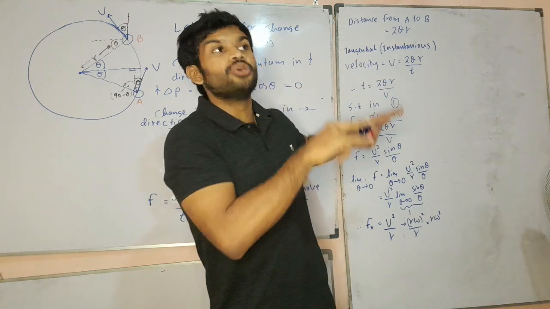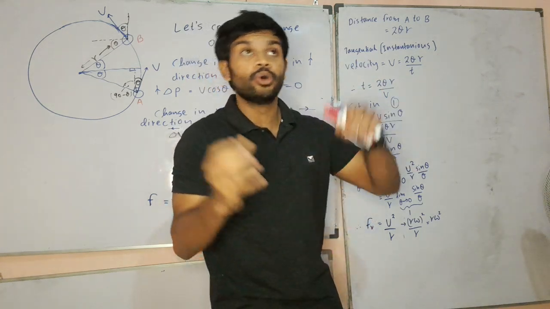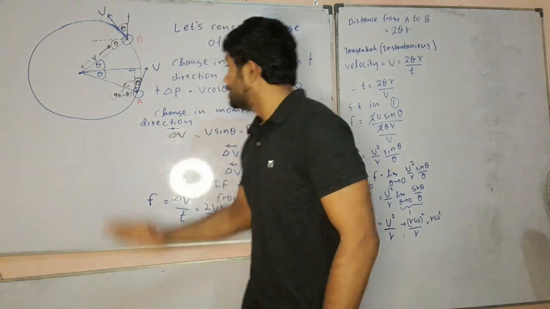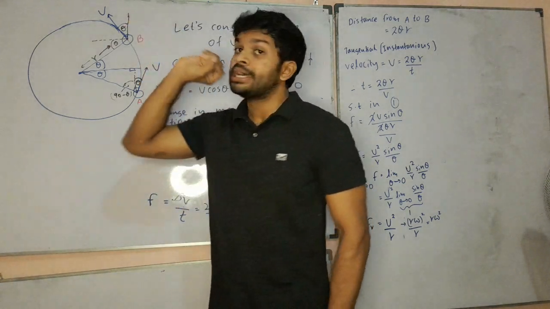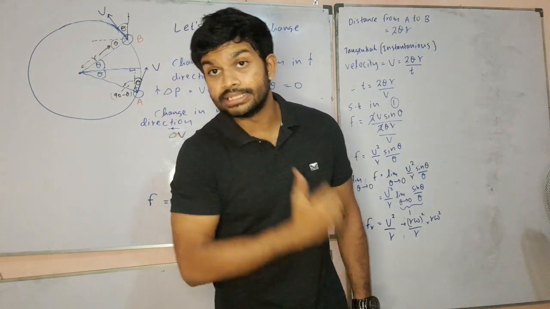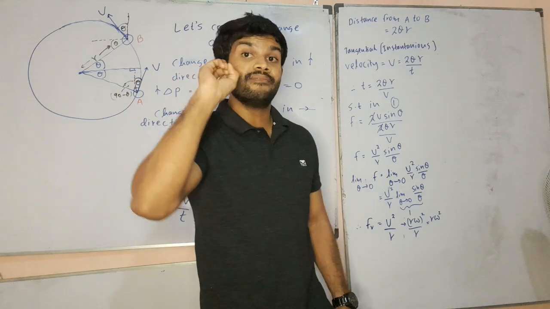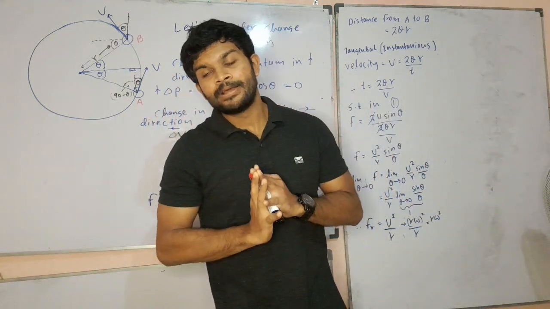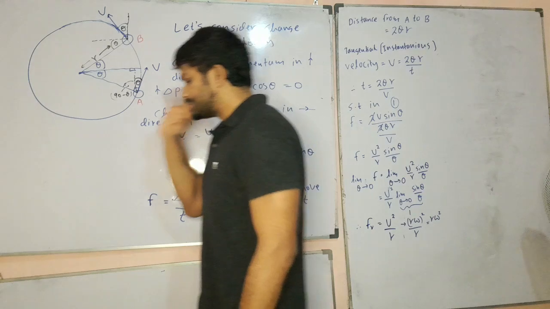According to Newton's second law, as we all know, as velocity changes, some sort of acceleration must be exerted upon this object in order to change its velocity. Wow, amazing, right?